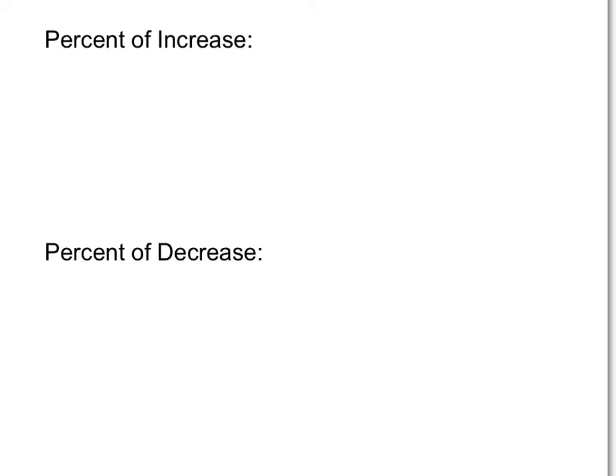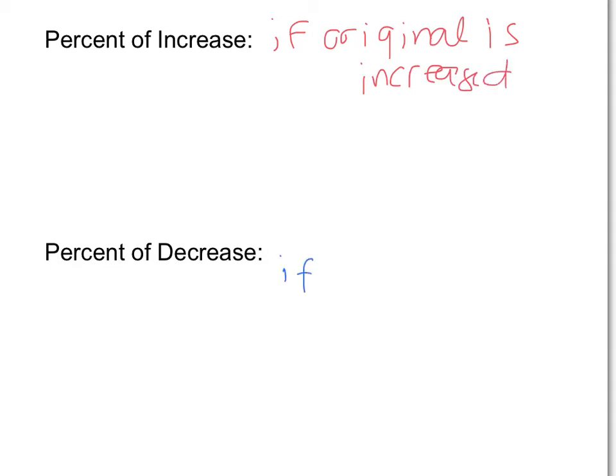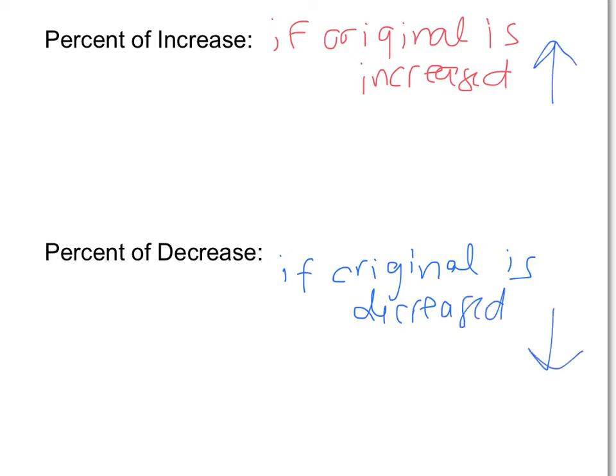So if the original is increased, or the percent of decrease would be if the original is decreased. So basically, if you remember what those words mean, increased means that it goes up, decreased means that it goes down. So if you know anything at all, those are the most important things to know.